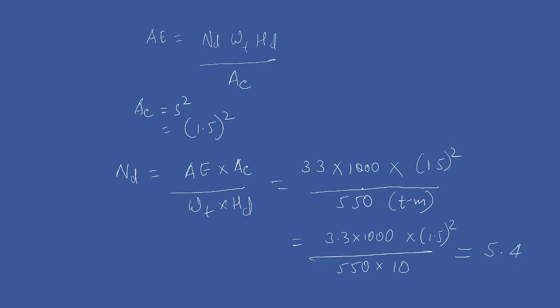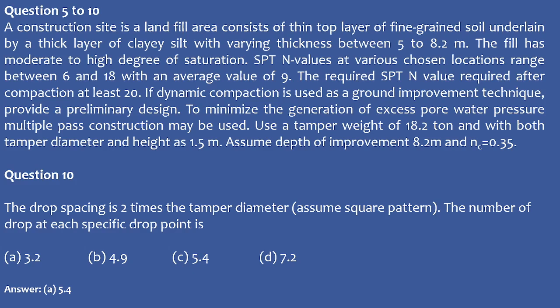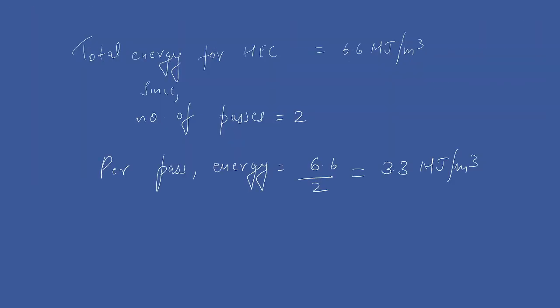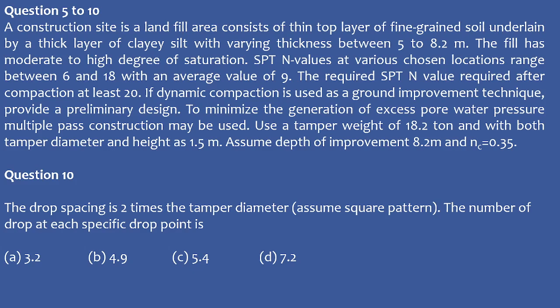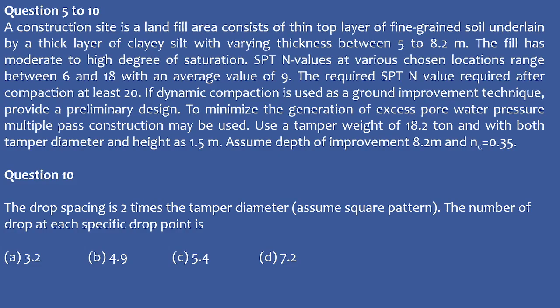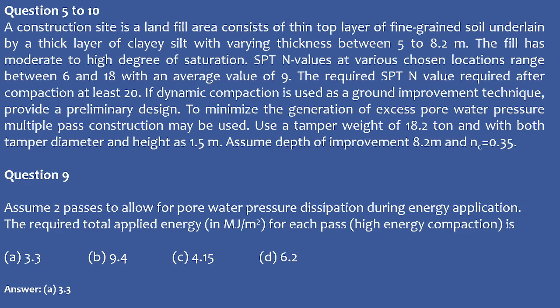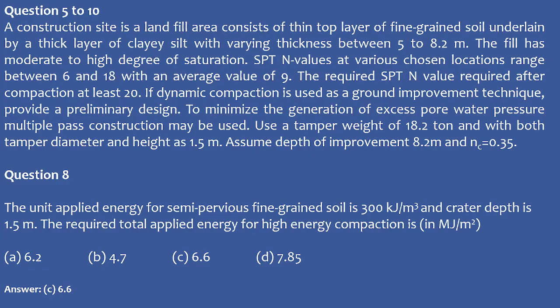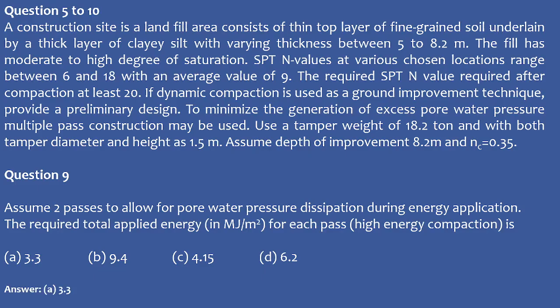Let me calculate it. Applied energy. How much was the applied energy for the high energy compaction? Okay, it's 300 kilojoule per meter square.